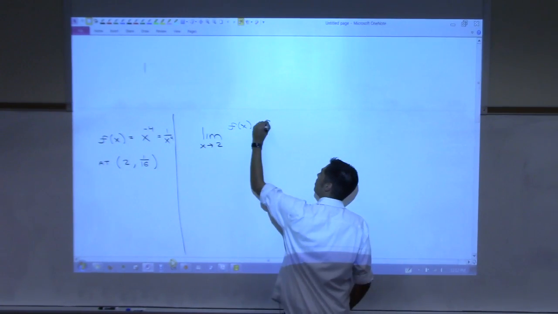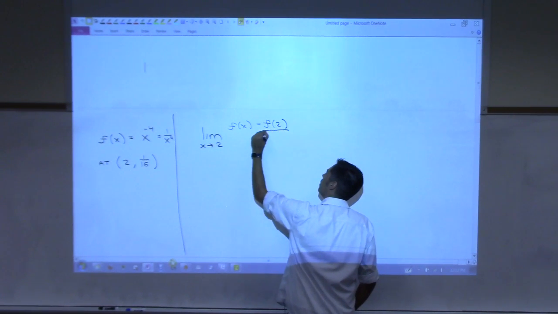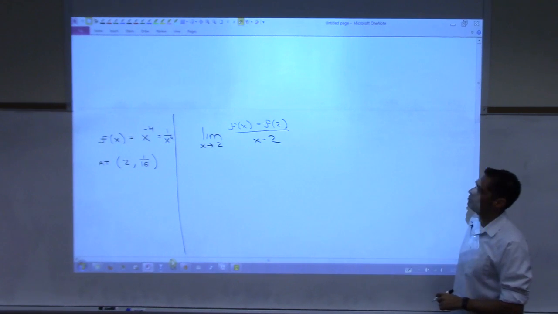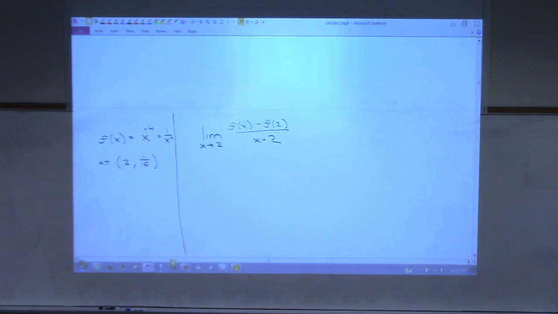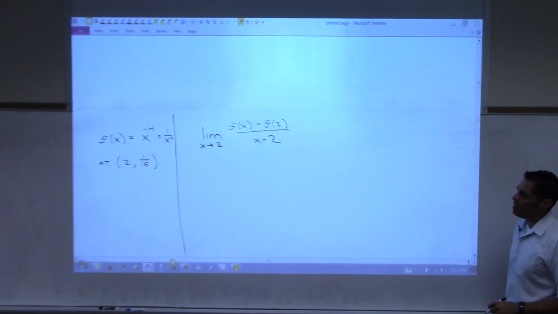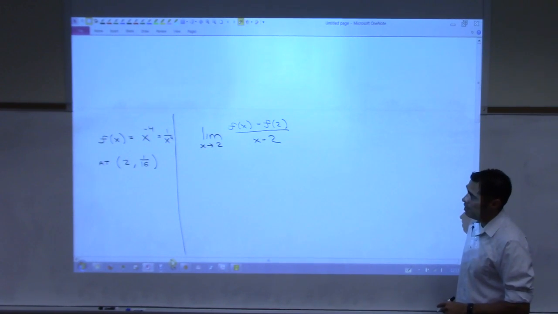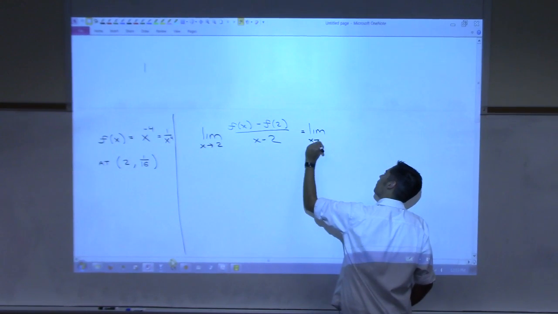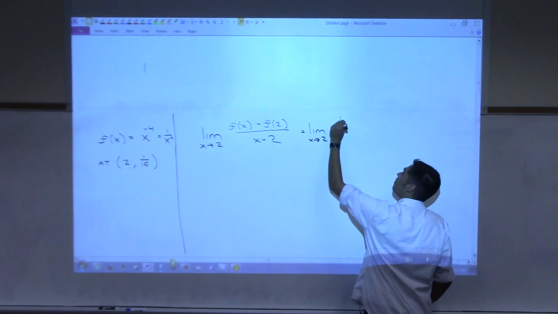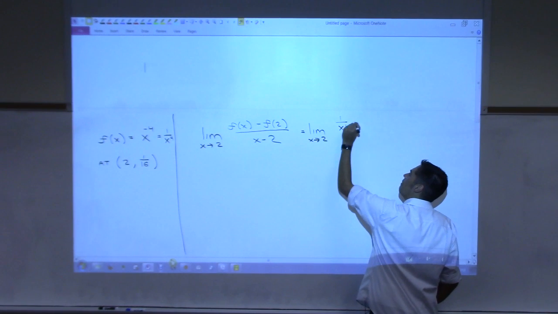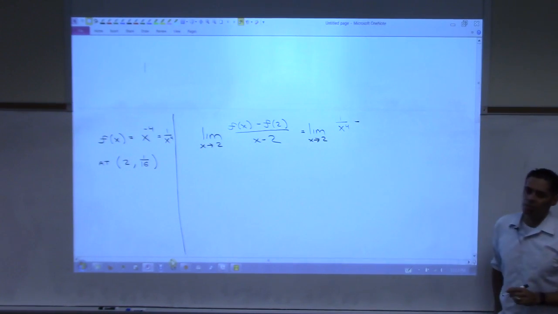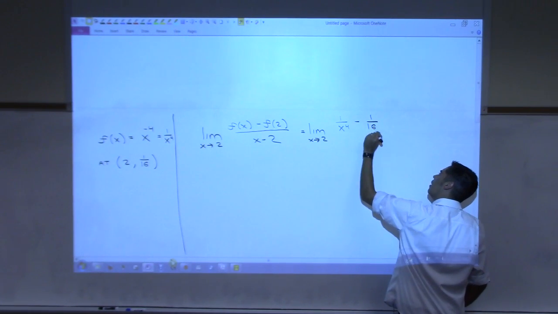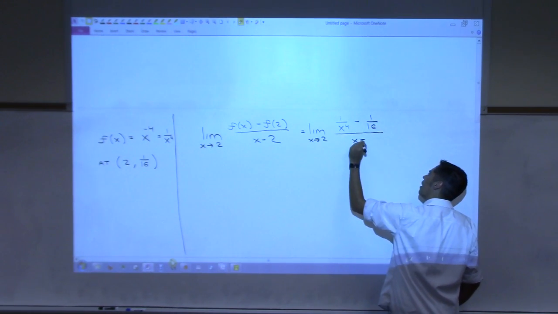So f of 2 all over x minus a, which is x minus 2. I'm going to replace f of x with one over x to the 4th, that's what it is, right? Minus f of 2 is going to be replaced with 1/16 all over x minus 2.